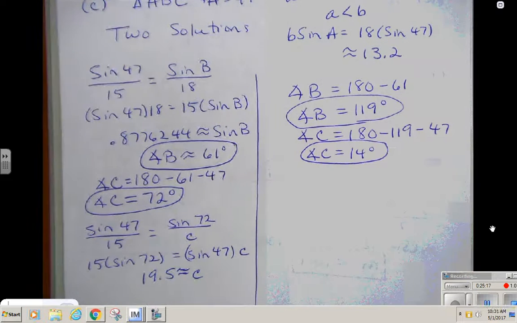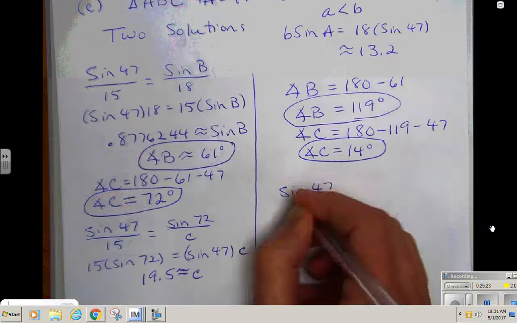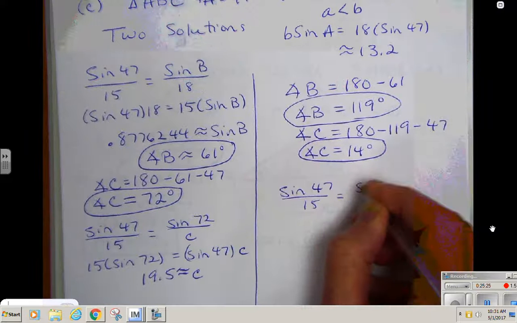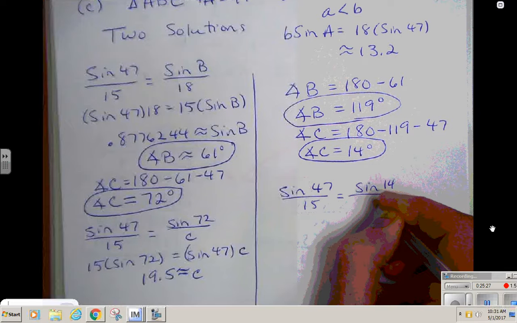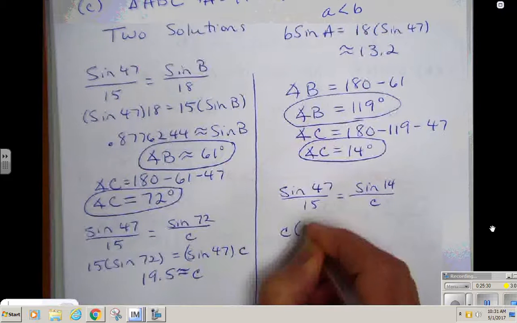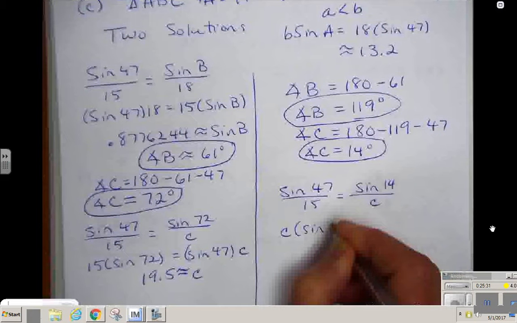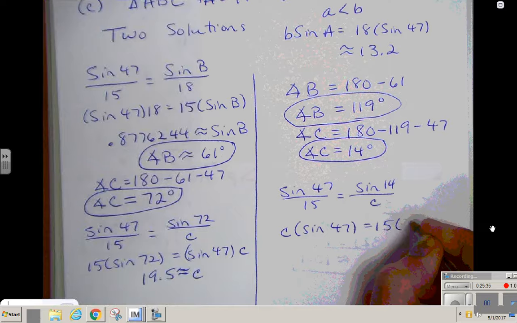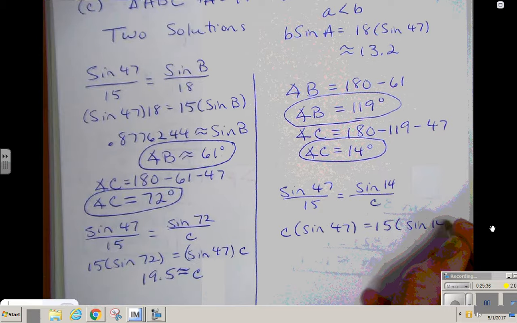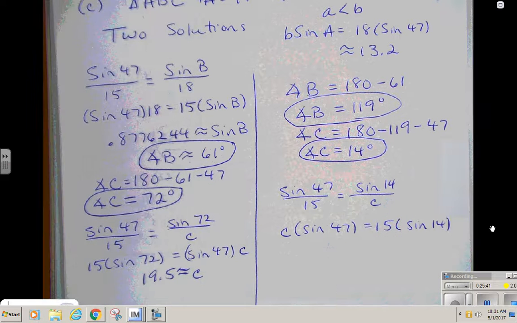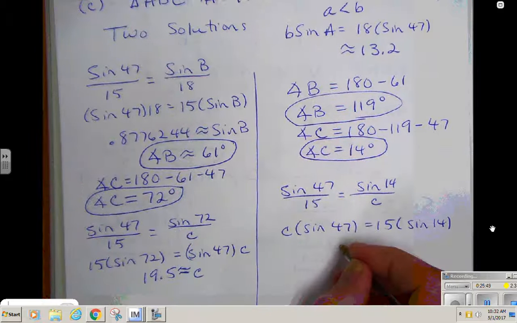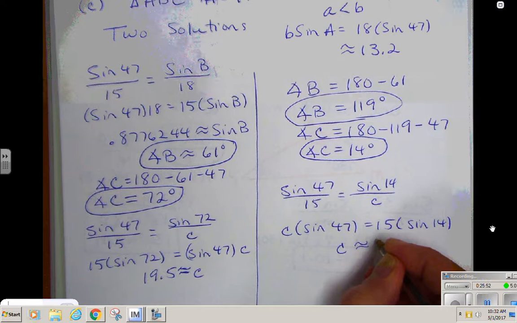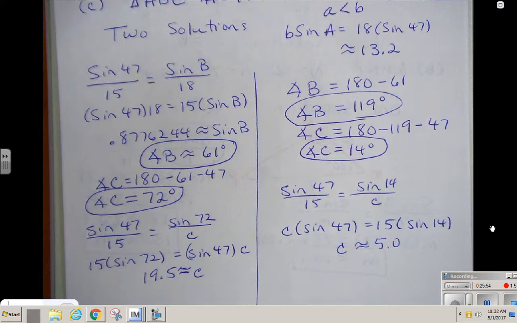And we can solve for the side C. Use sine 47 over 15 equals sine 14 over side C. And let's do the cross products. So I'm getting that C would be about 5 if you rounded it to the nearest tenth.